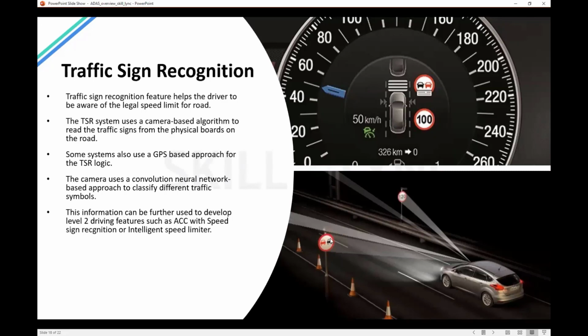So this means this road does not allow any kind of overtaking. All those types of signs, like school zones or hospital zones, can also be displayed to the driver. So this feature overall improves the driving experience, and helps the driver to make better decisions while driving the car by maintaining the lawful speed limits.